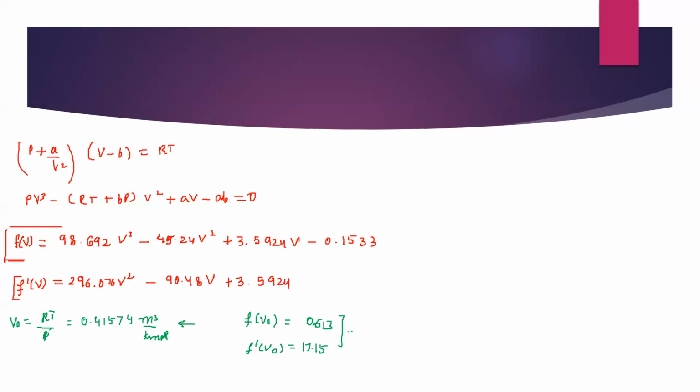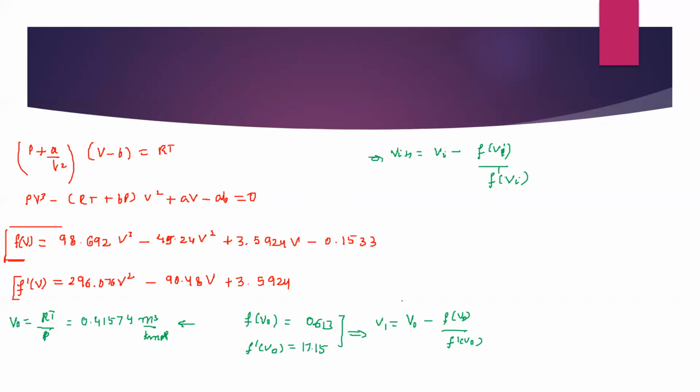So from here, you'll get V1, which is equal to V naught minus f V naught upon f dash V naught, because Vi+1 is equal to Vi minus f(Vi) upon f dash(Vi). This is the Newton-Raphson method.